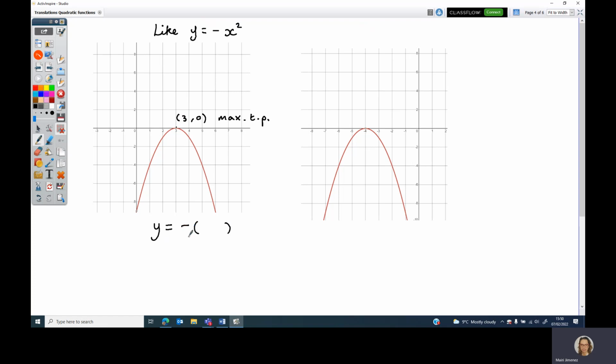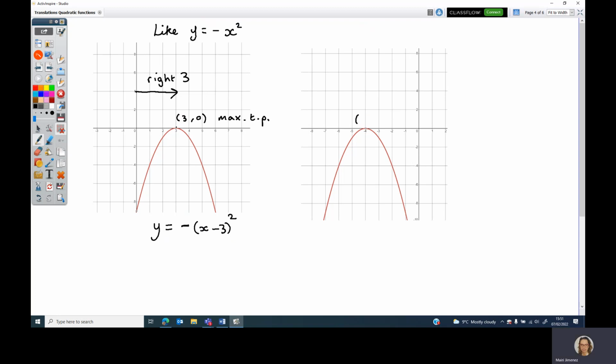So we put negative to indicate that it's this shape going up to max TP, and it's moved right 3 boxes. So moving right means you have to put a negative in the bracket. So negative x subtract 3 all squared is the equation.